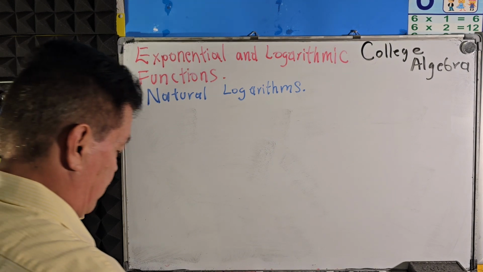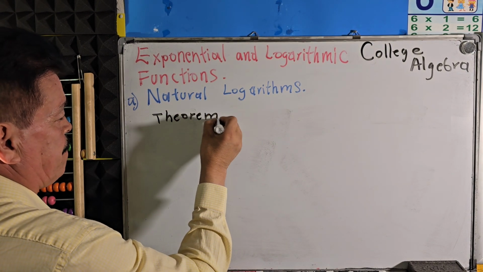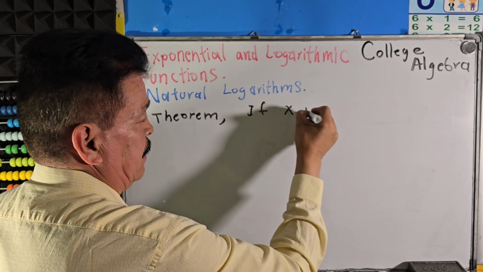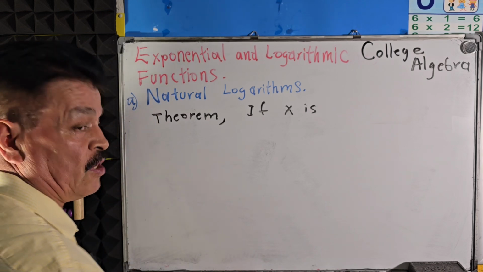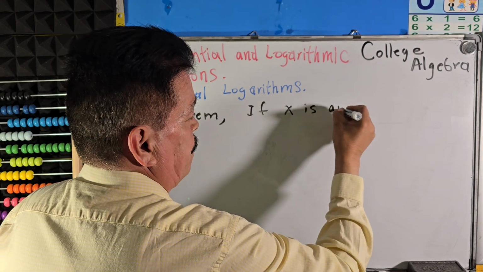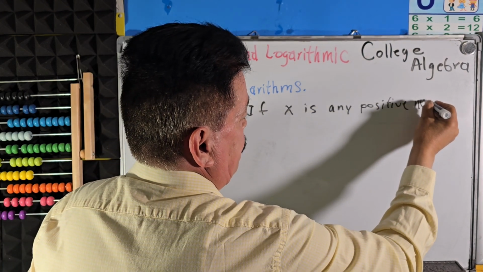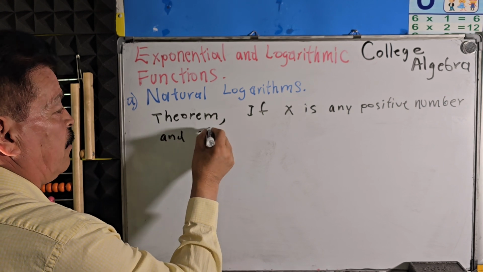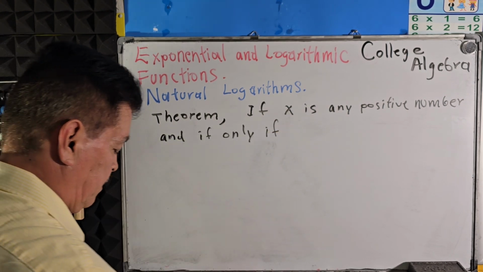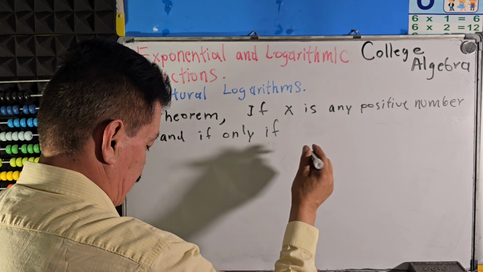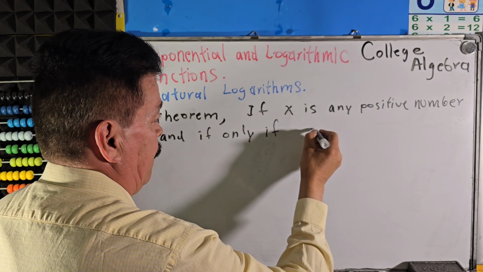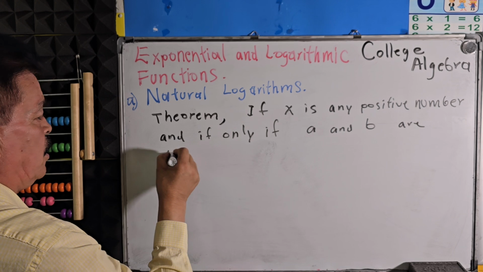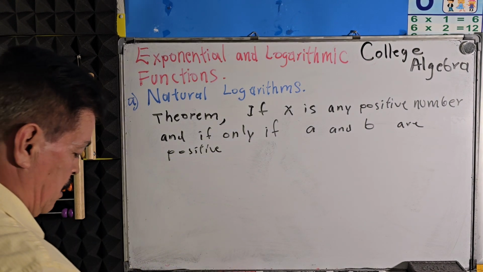This theorem talks about, for instance, if x is any positive number, and if and only if a and b are positive real numbers.